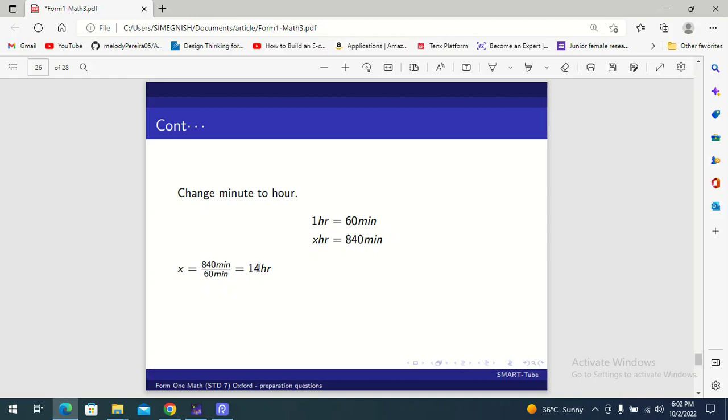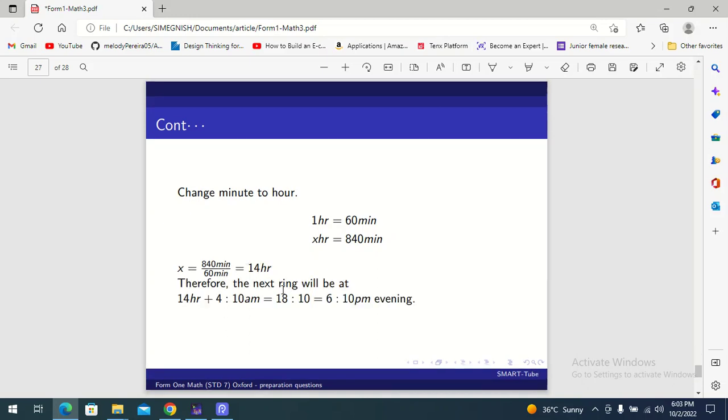Remember that the starting time is 10 past 4. Therefore the next ring for the 3 of them will be this 14 hours plus 10 past 4 a.m., which is 10 past 18.